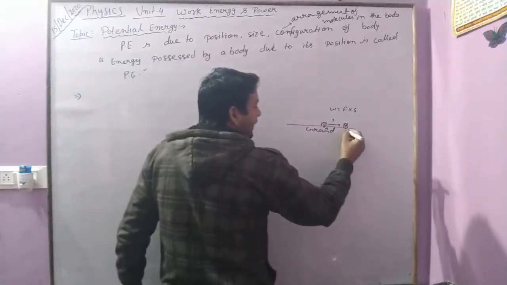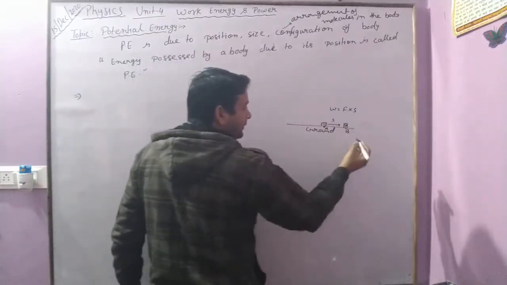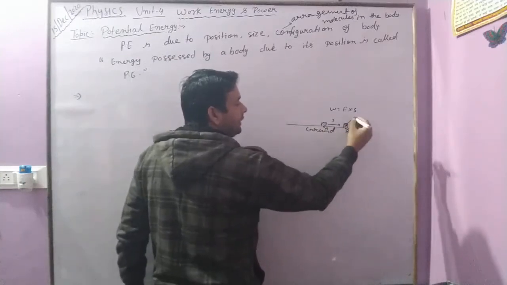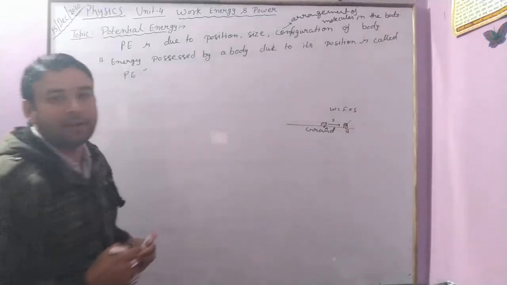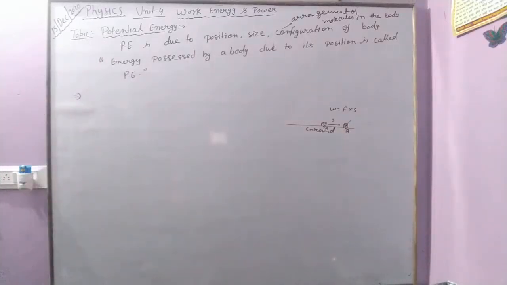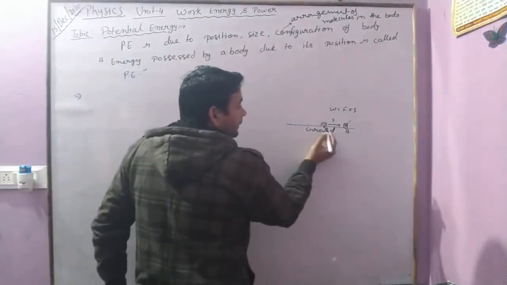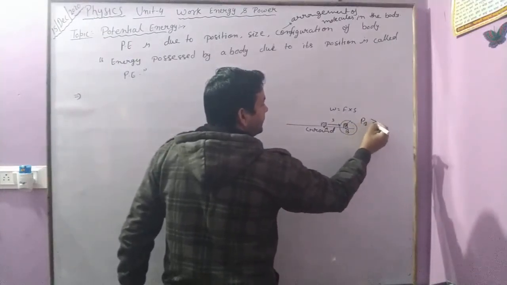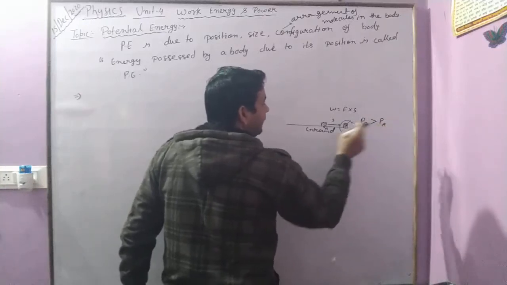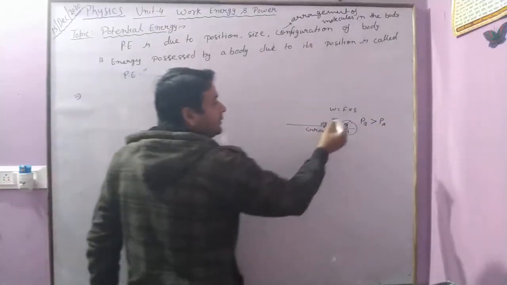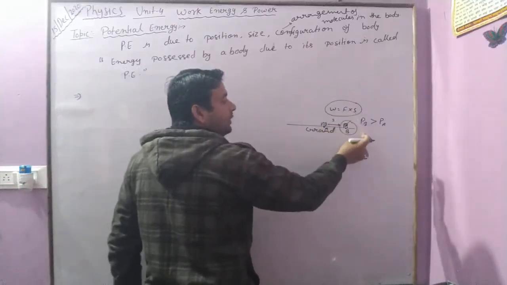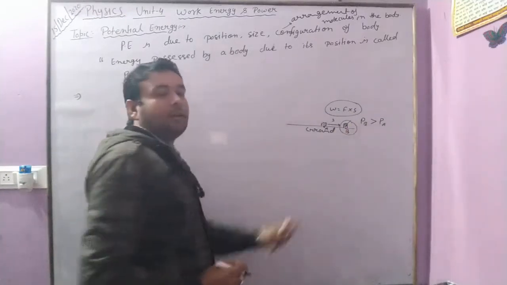The body reaches this point, let's say B. Then we observe that the energy of the body at this location is a little higher than the initial energy. So the energy at B is greater than the energy at A, because the work done to displace the body to point B is stored in the form of potential energy at location B.